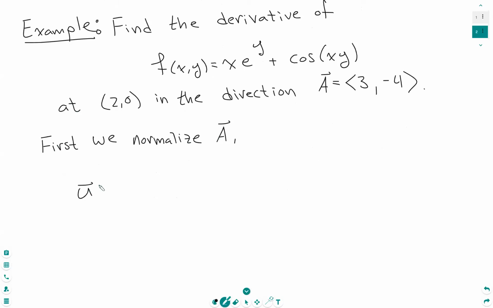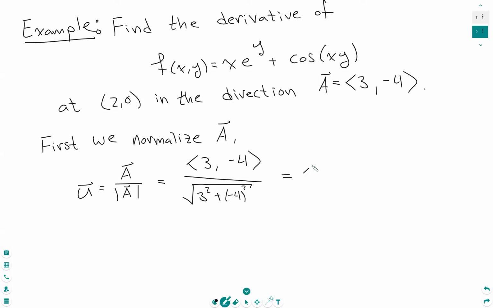So we'll say that u is a over the magnitude of a, which is 3, -4 over the square root of 3 squared plus -4 squared. This is 9 plus 16, which gives us 25. And that just gives us a 5 in the denominator. So it looks like we have 3/5 and -4/5. Great.